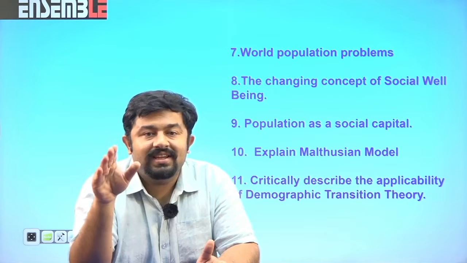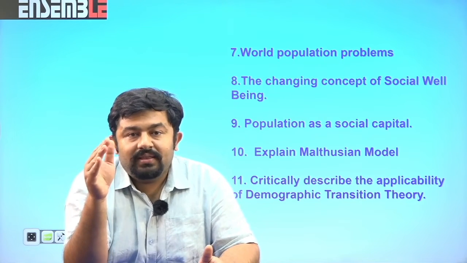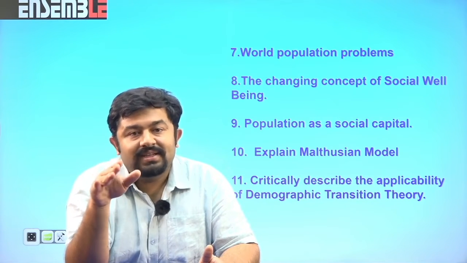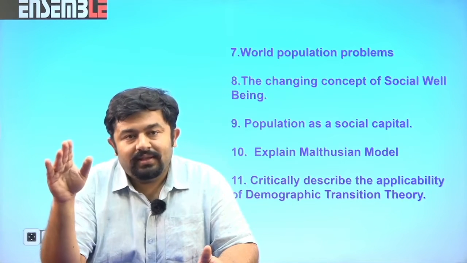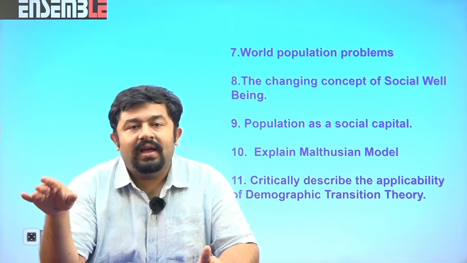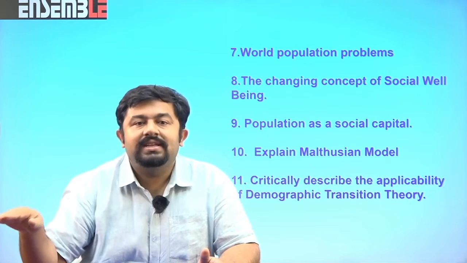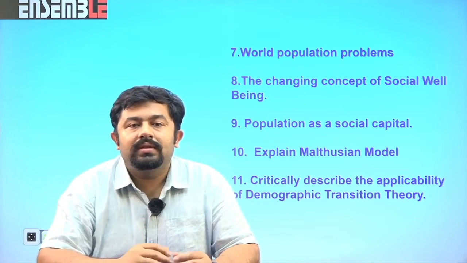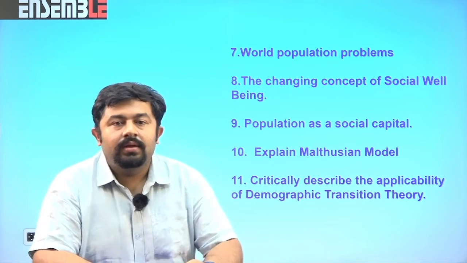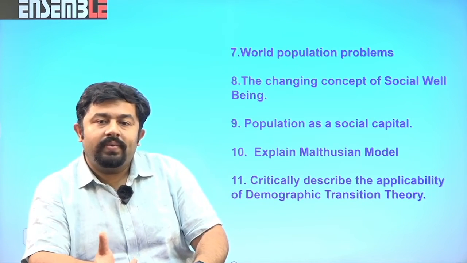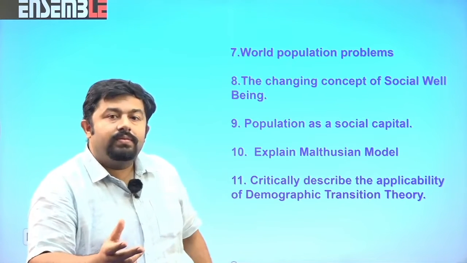Then stage 3: better understanding, education, the birth rate decreases, but still there is an increase in population. Then stage 4: there is a decrease in the birth rate, and again a decrease in the death rate, so the population is stationary. So is the theory applicable everywhere? We'll study it. So questions can be asked, what are the drawbacks, what are the applications at a micro level.